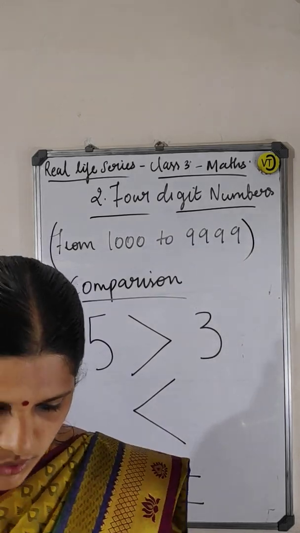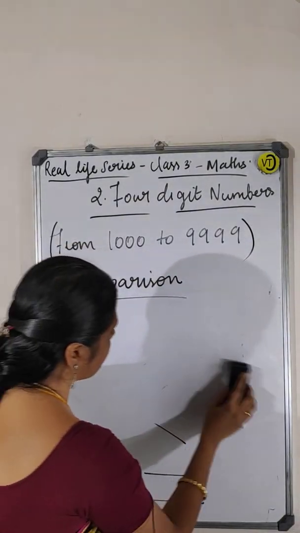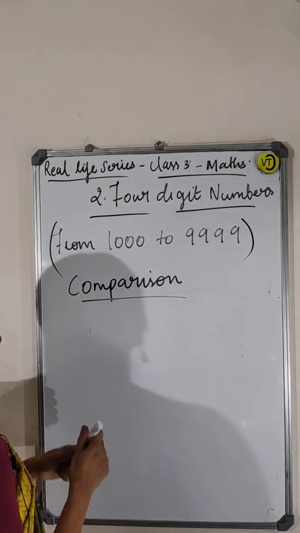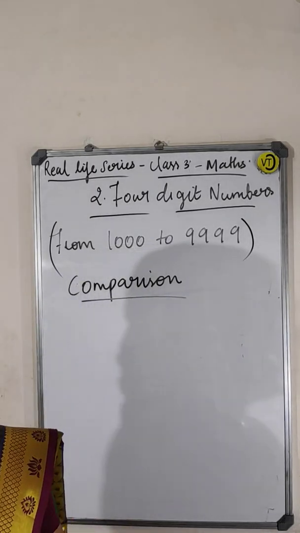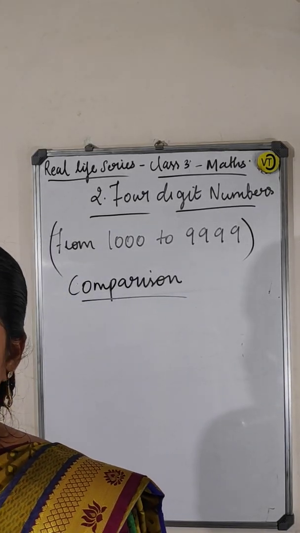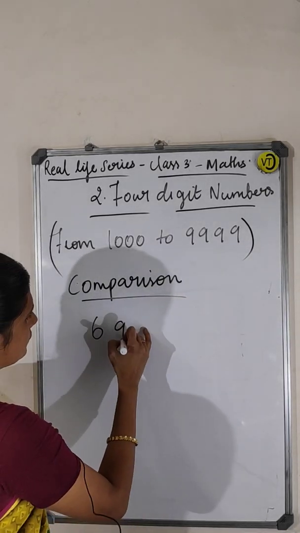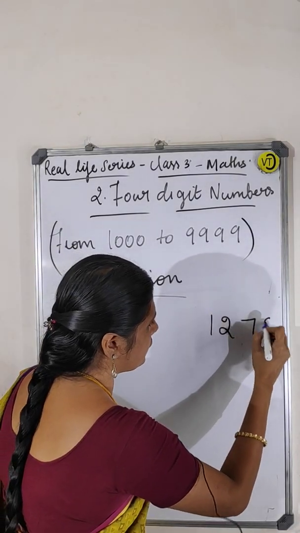Now I am going to compare the 4-digit numbers here, as already you have done in class 3. Here example 1, 695 and 1278.